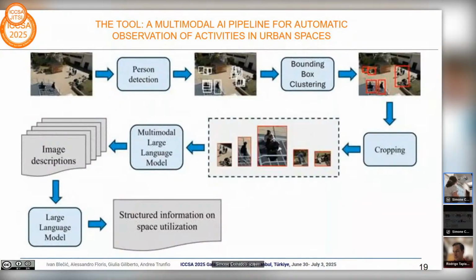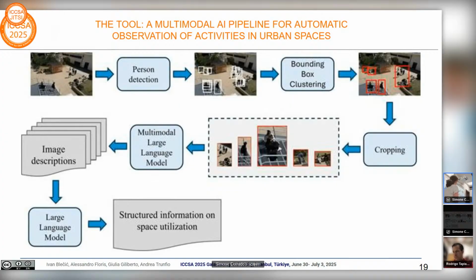Starting from a photo of a public space with people, we implemented a Faster R-CNN algorithm for person detection, and then individuals are grouped in bounding boxes that are clustered when they intersect or are very close.